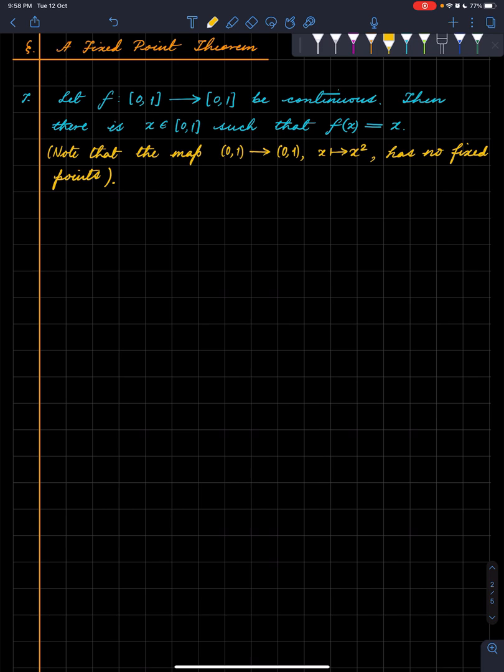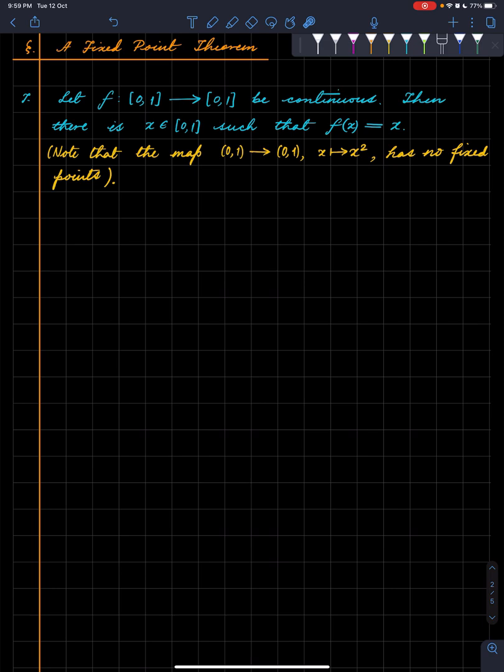This is a simple exercise, because if there were a fixed point, then x would equal x square, and the only solutions of this would be 0 and 1, but 0 and 1 are not present in the domain. So that's just a simple counterexample in case one wants to improve this theorem to arbitrary intervals. So one can't.